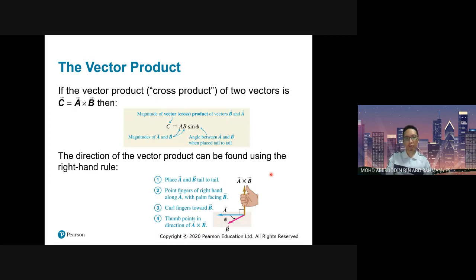When it's going downward, it is B cross A, because you need to curl your fingers from B towards A. Or if the vector A is in the direction towards you, meaning on the positive Z axis, and the vector B direction still remains similar, then you cross A to B and you obtain the direction of the new vector going downward. Okay, you're clear?